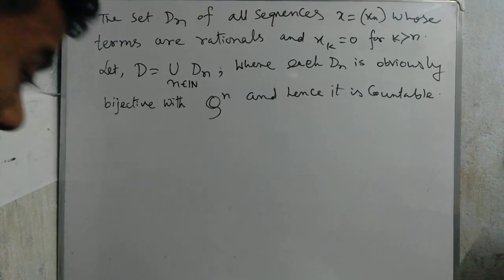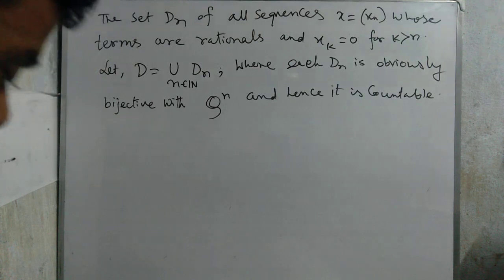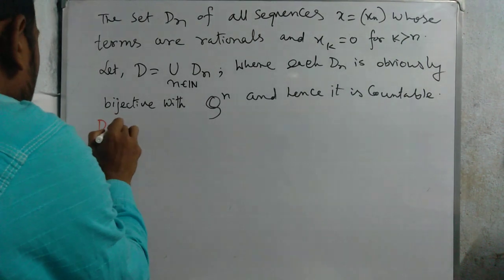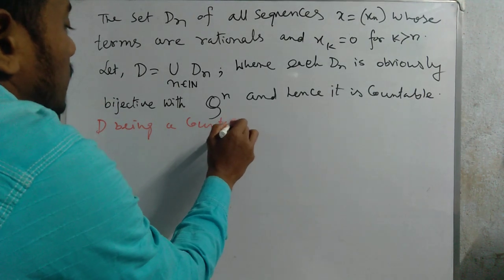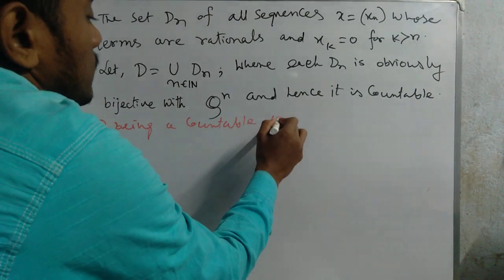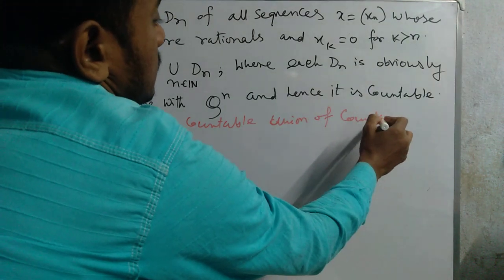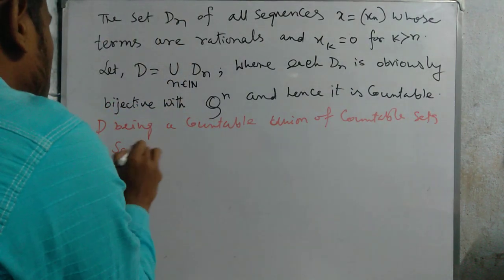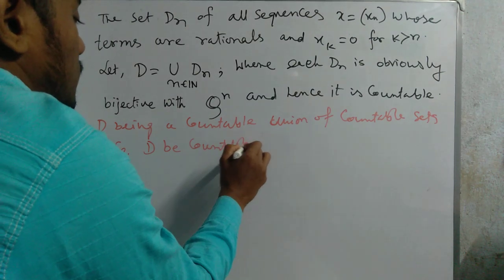Now obviously D, being a countable union of countable sets, is countable.